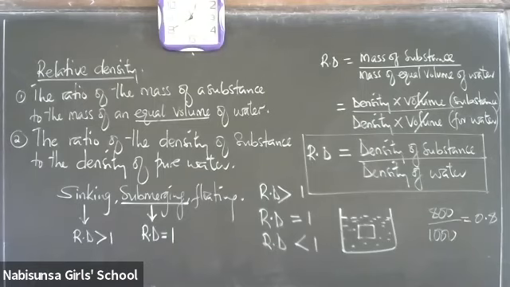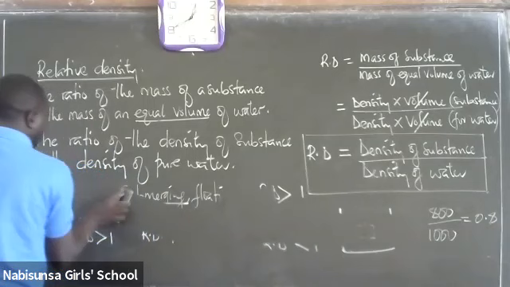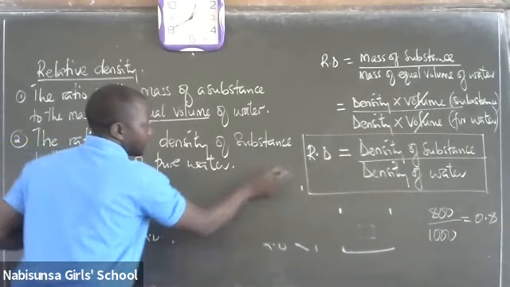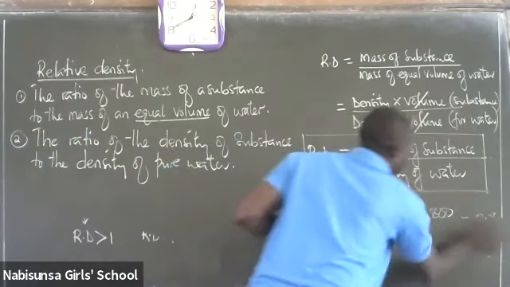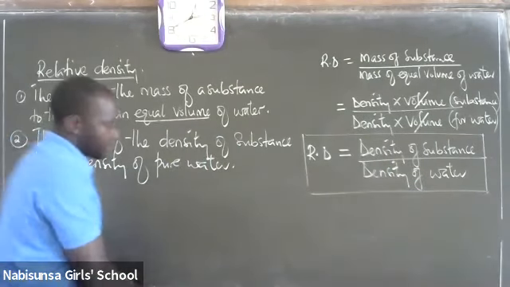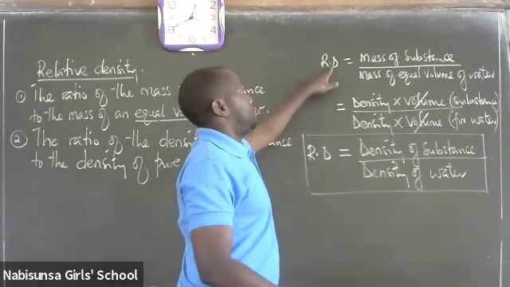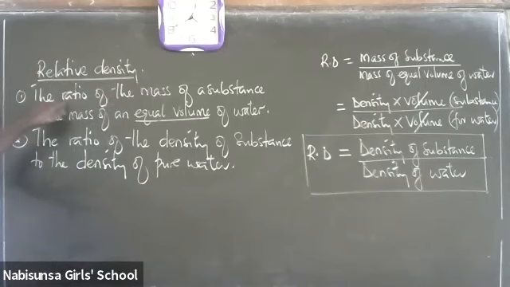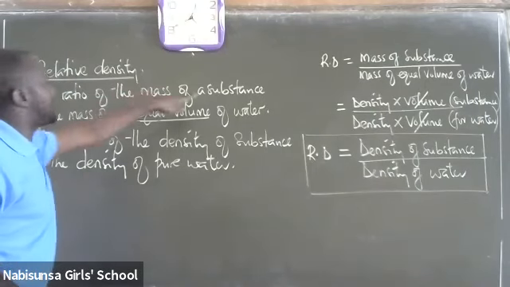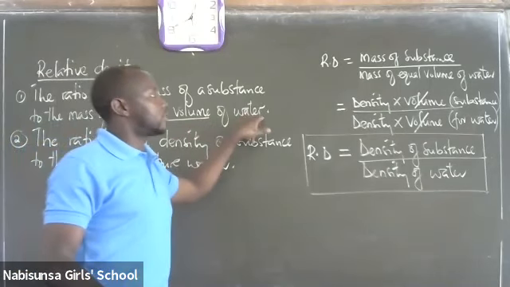Are we together? Yes, teacher. Someone has said we repeat this one, maybe quickly. By definition, the first definition we said, relative density is the ratio of the mass of a substance to the mass of an equal volume of water.